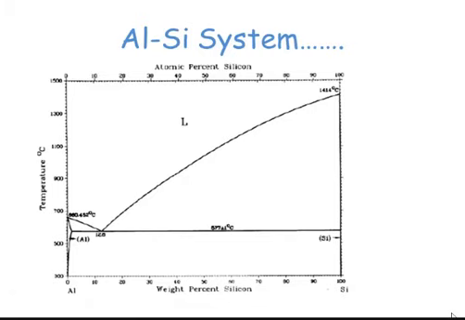So that's why, in order to check the hardness or mechanical properties of such components or alloys, the Brinell hardness test is widely recommended, because it covers more area of the surface, whereas the Rockwell hardness test covers only a small portion of the surface.